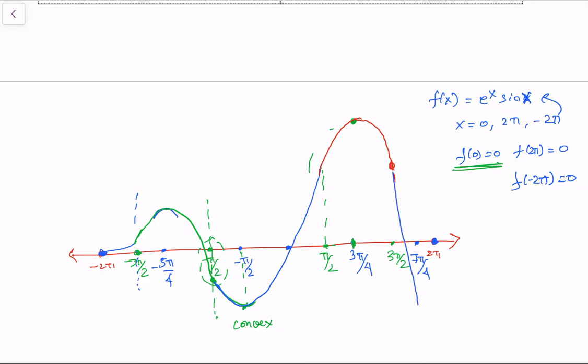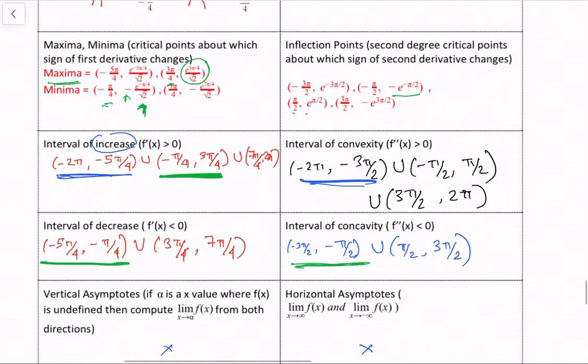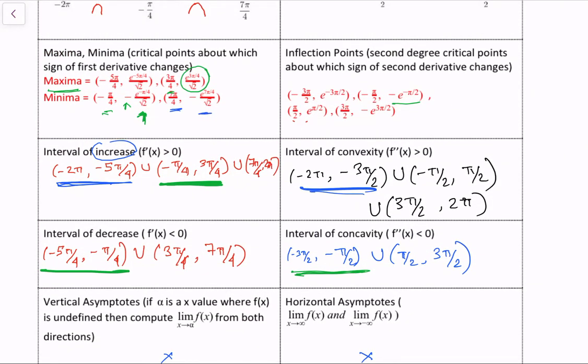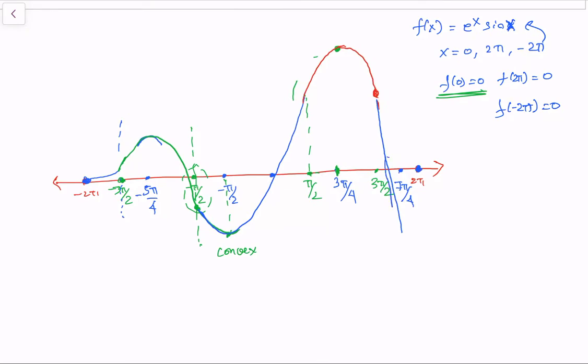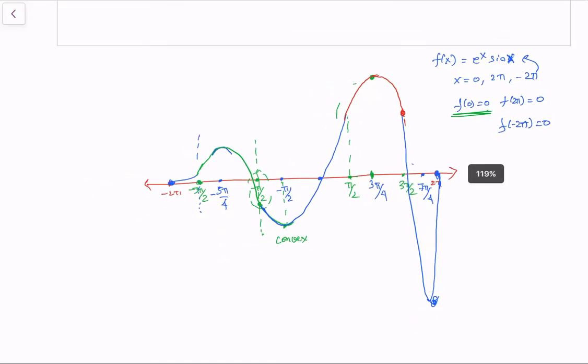And at 7 pi by 4, we have a minima. And not only that, it's a negative value and quite a big negative value. So we will come down like this, and we have a minima here. Okay, and it comes back, shoots up to 2 pi, 0 at 2 pi. So sort of like this.